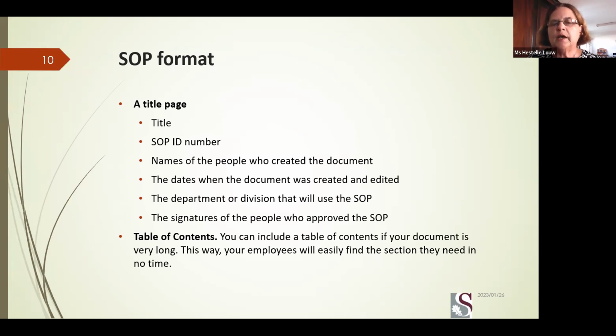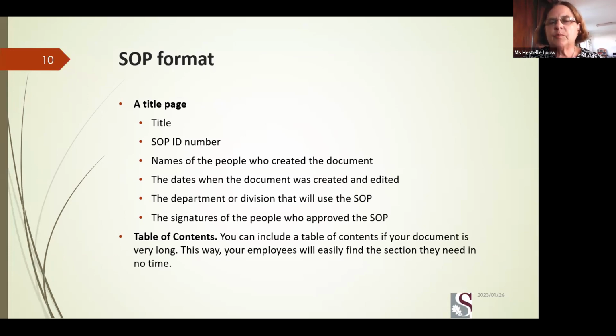For example, if you have a SOP for maternity, then it must be for maternity and not for another unit, because it's only applicable to maternity. The same with the neonatal units and ICUs, etc.